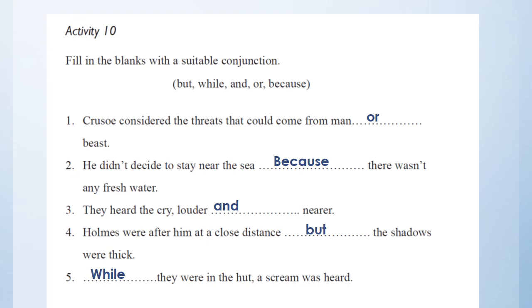First one. Crusoe considered the threats that could come from man or beast.